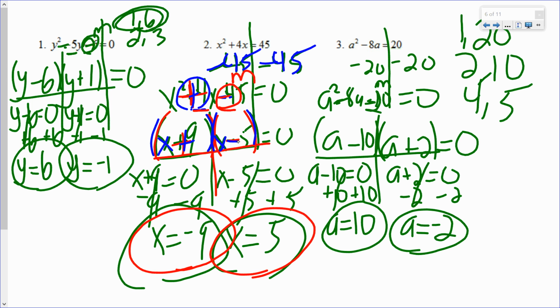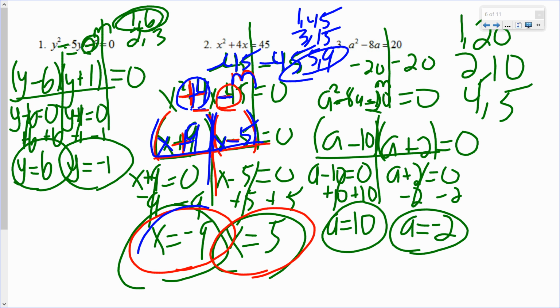You're looking for two numbers that multiply to the last number. You can list them. You can use the calculator trick. 2 doesn't go in, 4 doesn't, 5 does, 6 doesn't. Which pair subtracts to 4? 9 and 5. Bigger number goes first. And then from there you set each factor equal to 0 to get your values.